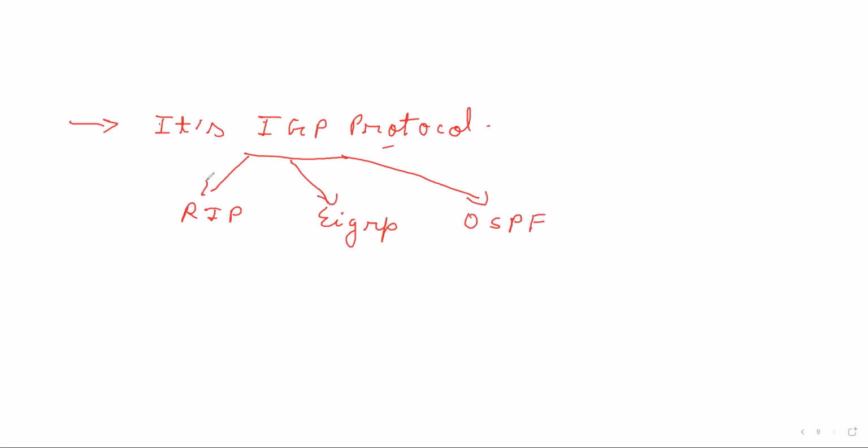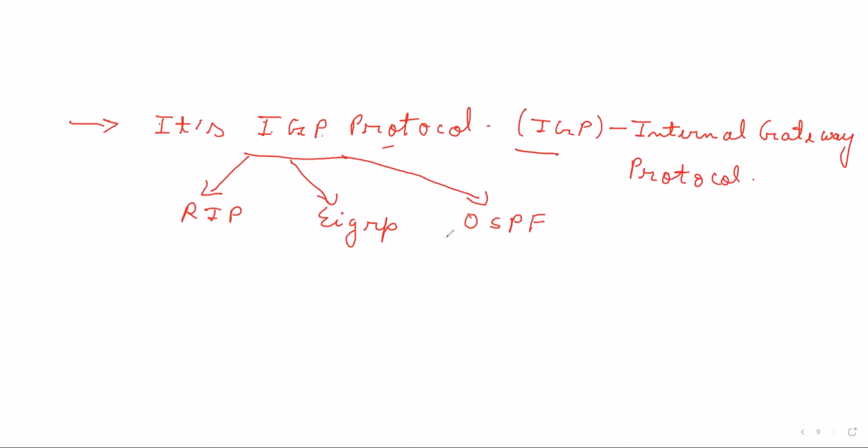So mainly we use three protocols in IGP, interior gateway protocol. RIP you know, EIGRP you know. Now we are talking about OSPF.